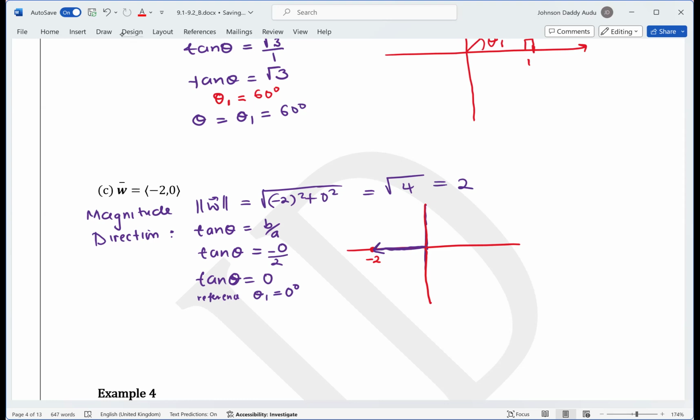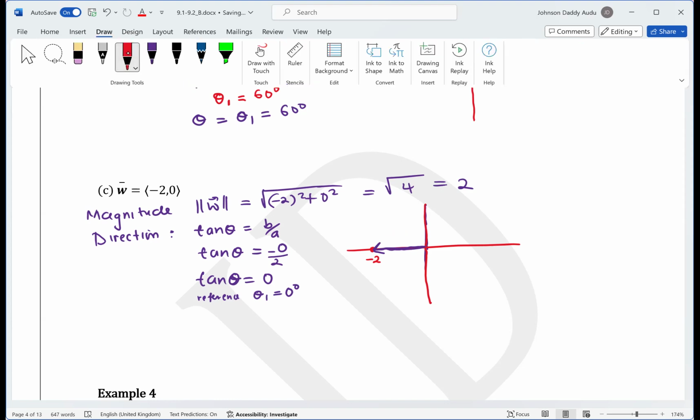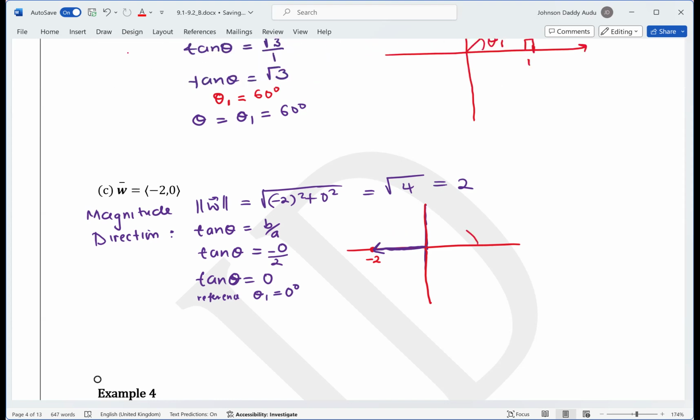But now we need the direction. So our direction has to be an angle that starts from the positive x-axis to the terminal. So please take note. This is our direction.